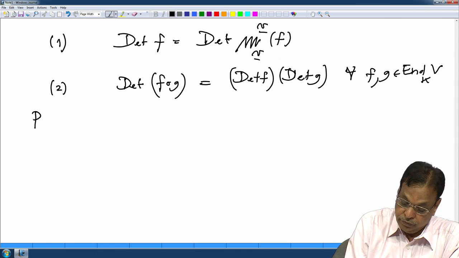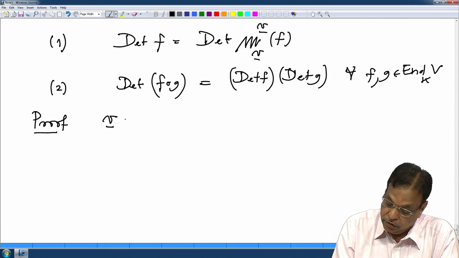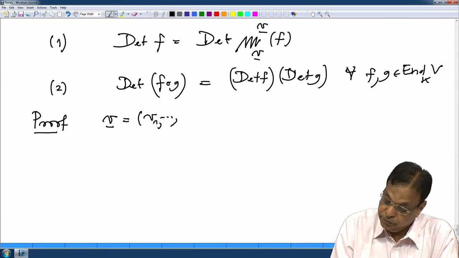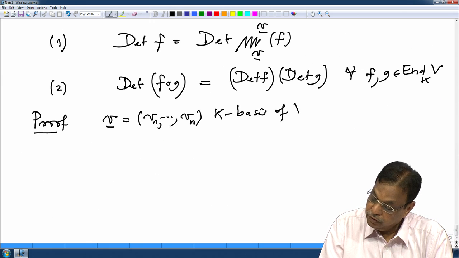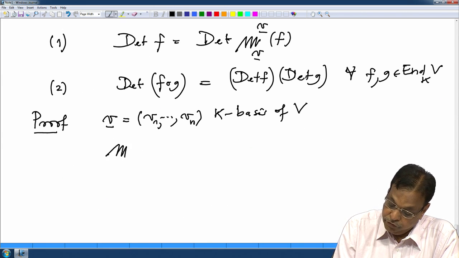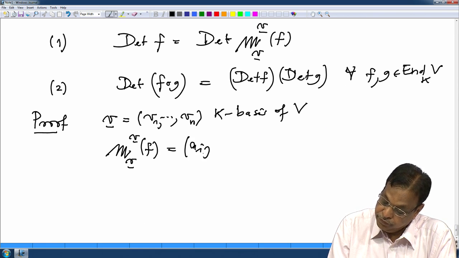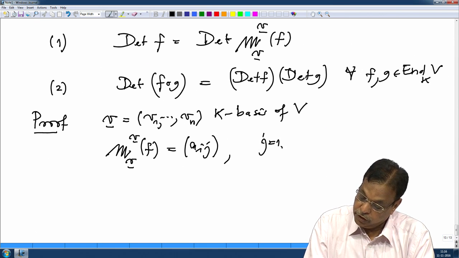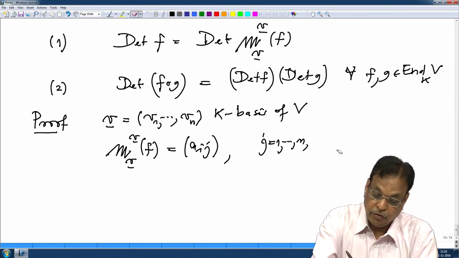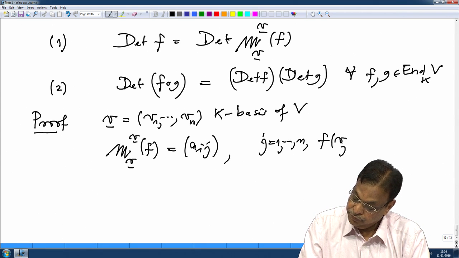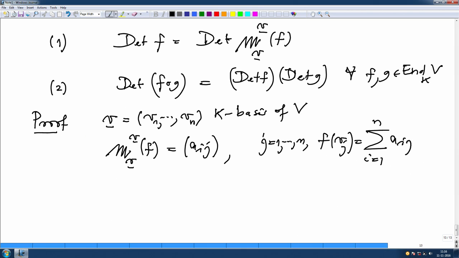Okay, so proof. To prove one, I have given a basis of V, v1 to vn, a K-basis of V. Then, as I said, the matrix of f with respect to this basis is the matrix Aij, where the Aij's are defined by these equations: for j equal to 1 to n, f of vj equals summation over i from 1 to n of Aij vi.